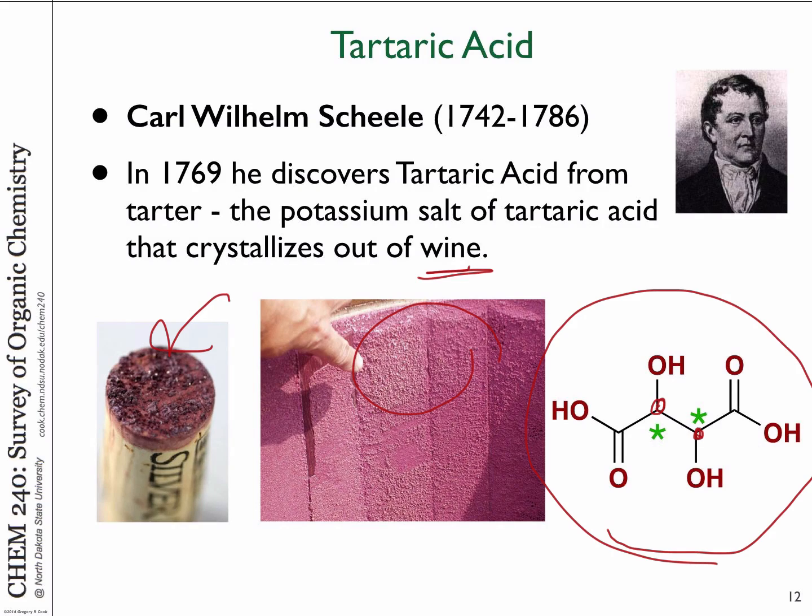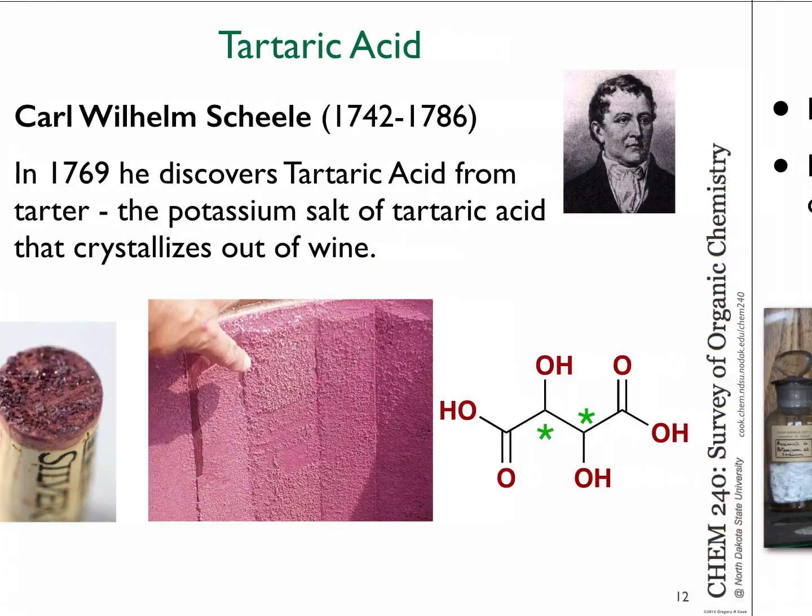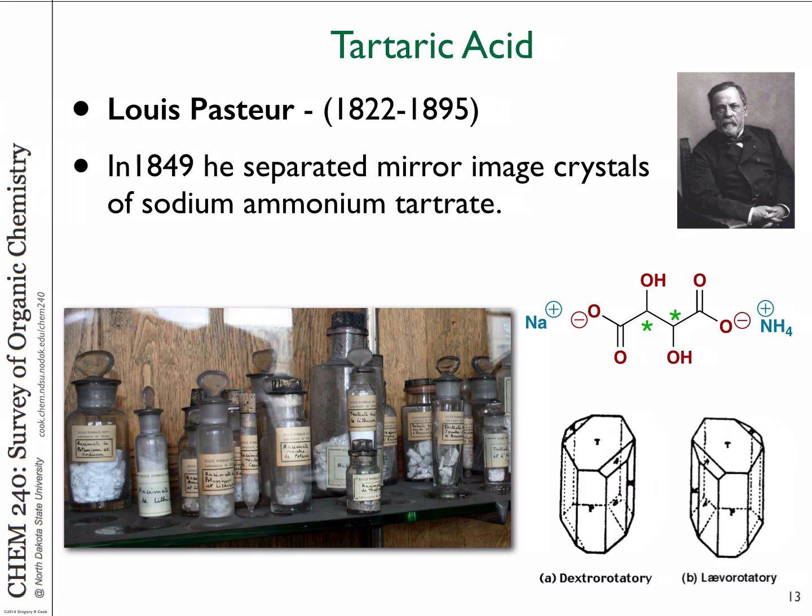And Louis Pasteur, you might have heard of him, not only did he develop methods of pasteurization, but he was also studying tartaric acid. He was a chemist. And he was the first person to separate mirror image molecules.